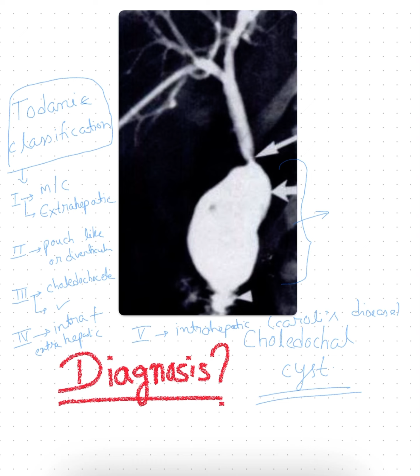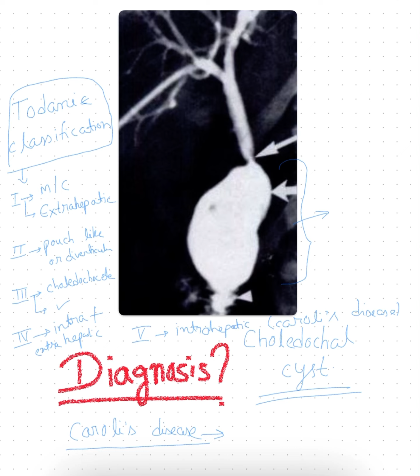So now we will just discuss in short about Caroli's disease. In Caroli's disease, the intrahepatic bile ducts are dilated and the adjacent portal radicle will appear as a hyperechoic dot.